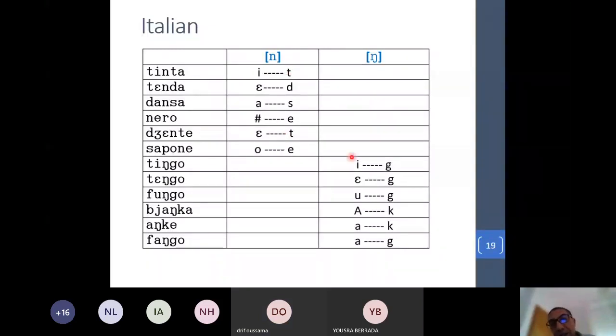Now, when you establish that they are different, consider whether this is a natural class. It is. All these are alveolar. All these are velar sounds.